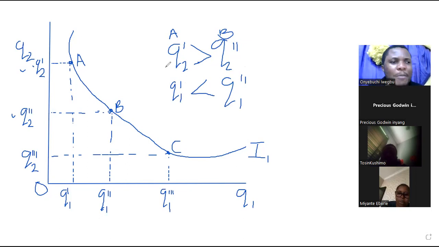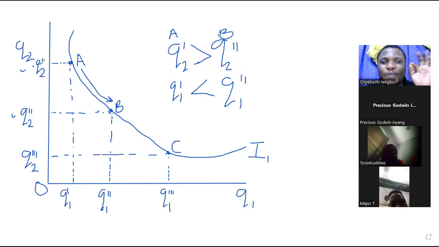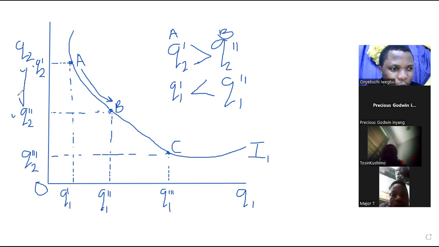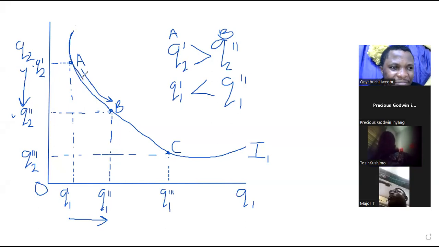What does that mean? It means that in a movement from point A to point B, some level of Q2 commodity was given up. I gave up some level of Q2 so that I can gain some level of Q1 commodity. Yet my level of satisfaction remains the same, did not change.